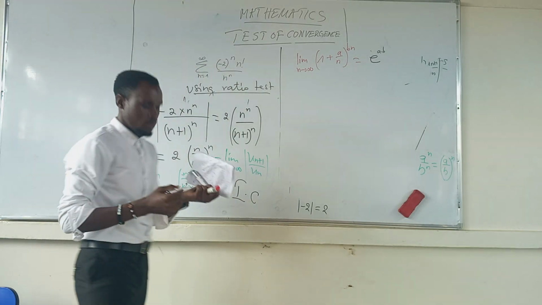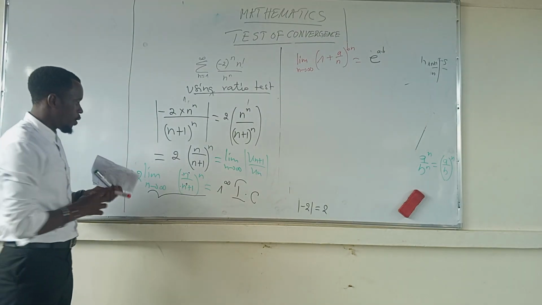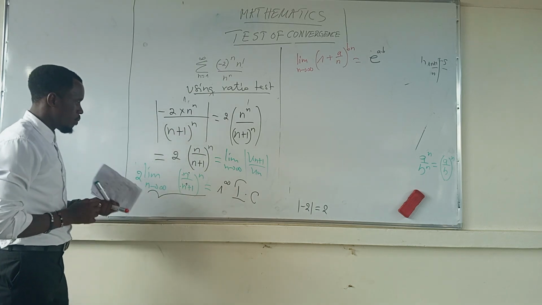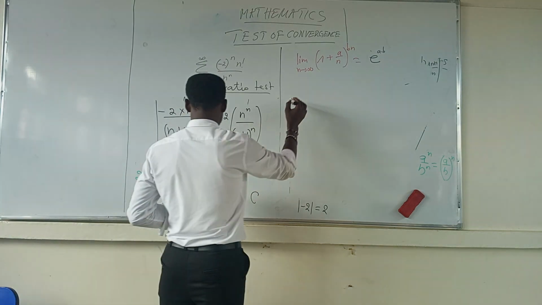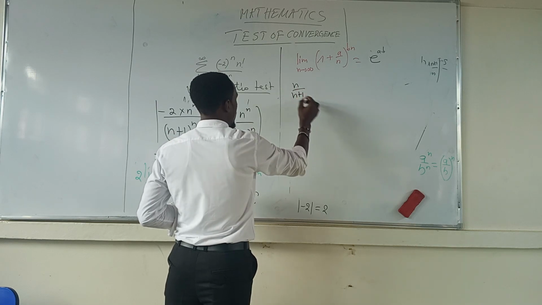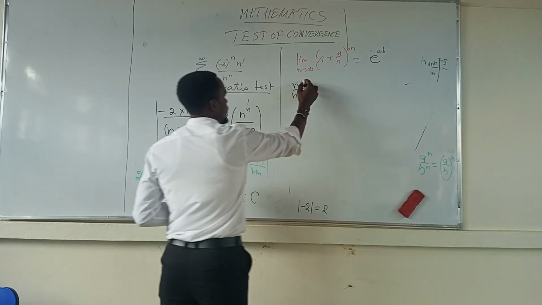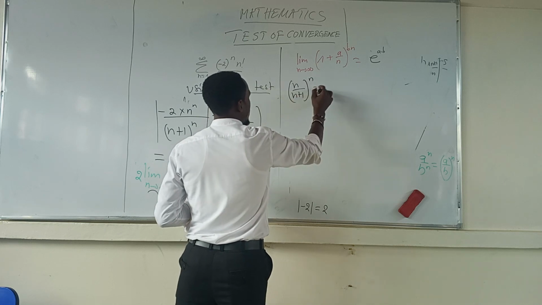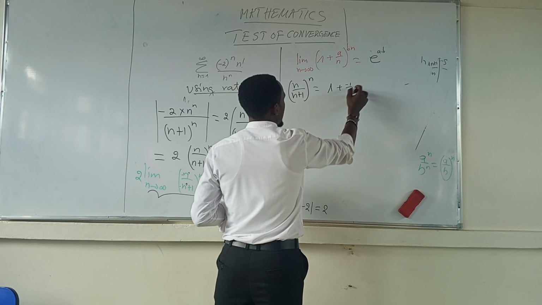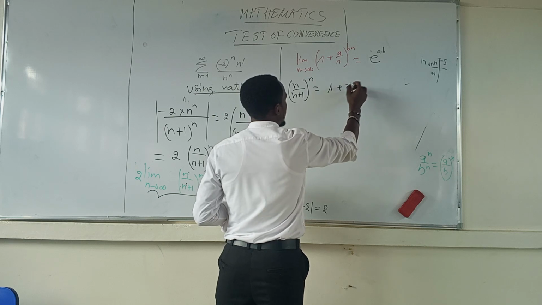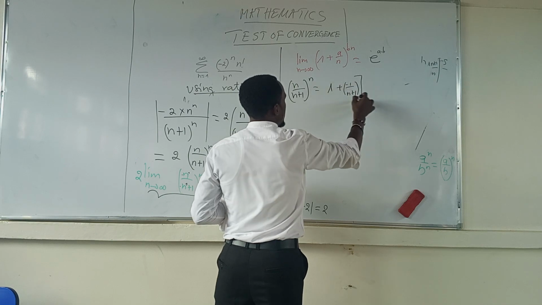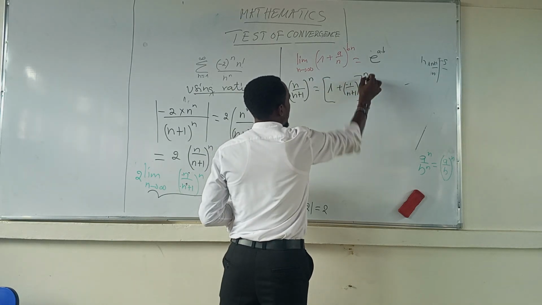That is the answer. And for here, you can evaluate by long division. By long division, we get that n over n plus 1, in a bracket, then power n, is equivalent to 1 plus negative 1 over n plus 1, then you power it to n.